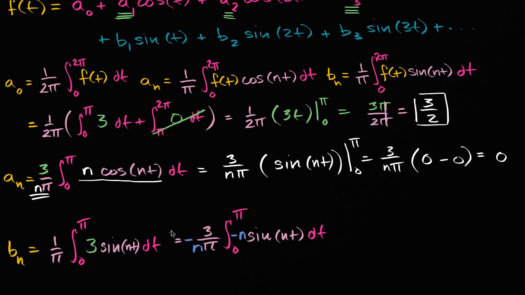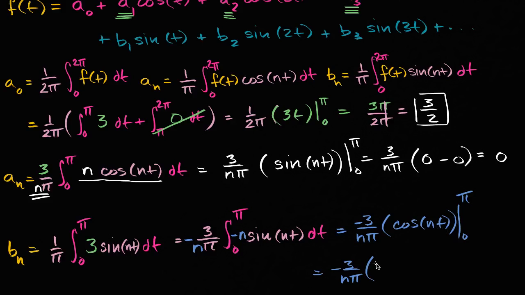That's just 1. And so this is going to be equal to negative 3 over n pi times, we're going to take the antiderivative here. So this is going to be cosine of nt evaluated from 0 to pi. And so what is this? This is equal to negative 3 over n pi.